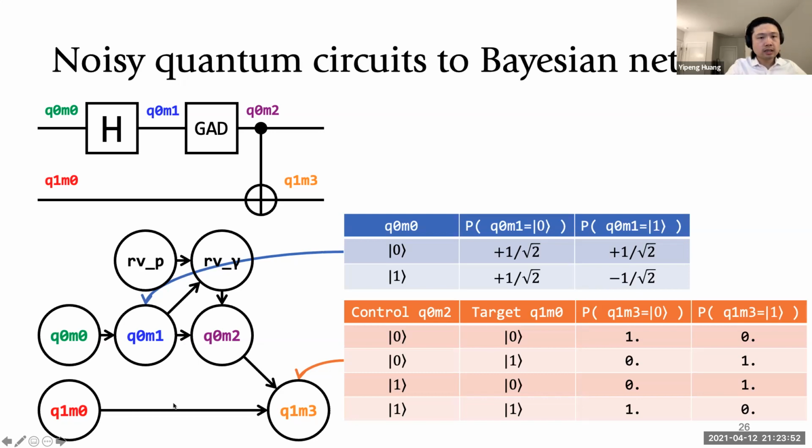The edges between the nodes represent dependency. And then finally, each node has attached to it a table, which is called a conditional amplitude table, which encapsulates the semantics of the qubit gates. And so in this different representation, this captures all of the ideal circuit behavior of the original quantum circuit. And also at the same time, you can encode in this format the probabilistic effects of different types of noise models.